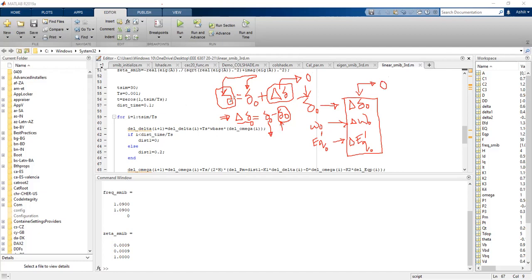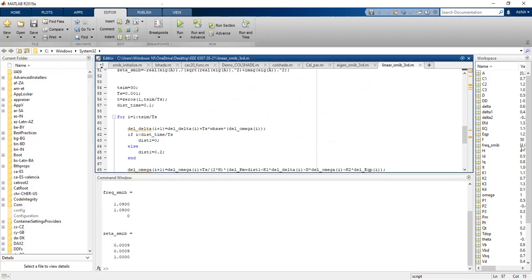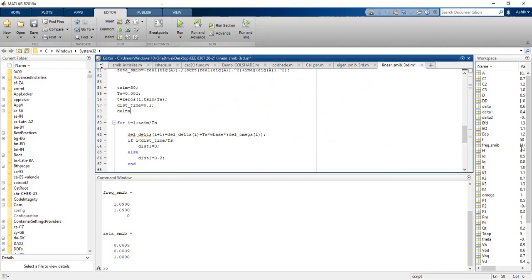Okay? Is it okay? Any question? No question. Okay. So with that information, we can now simply write the initial conditions which are required for our simulation. And that is del delta.